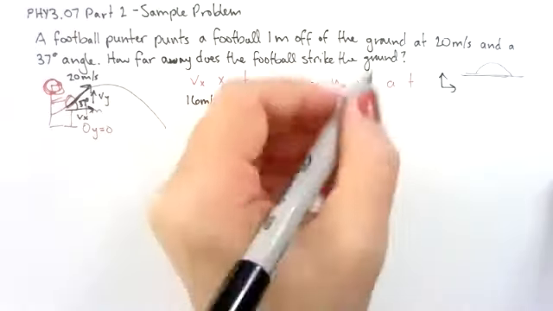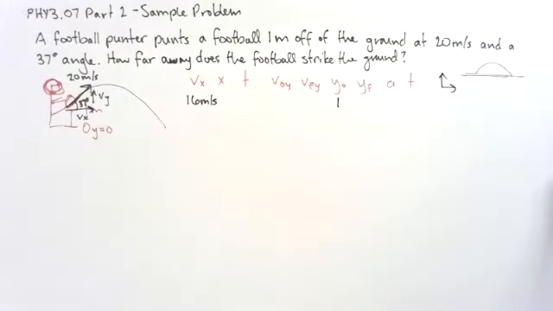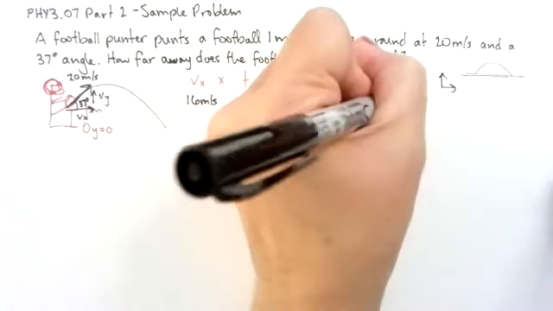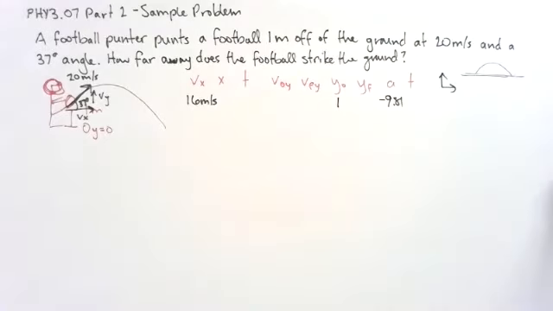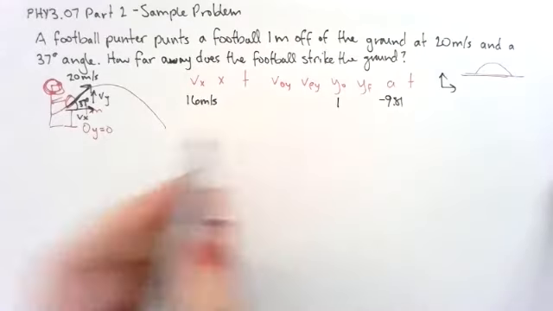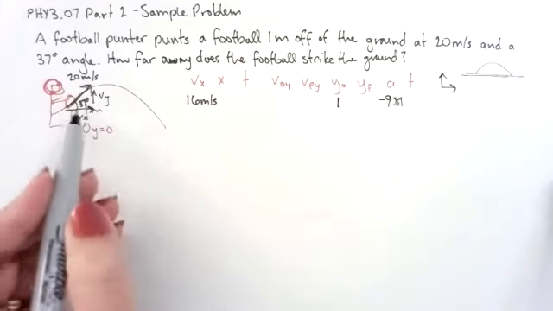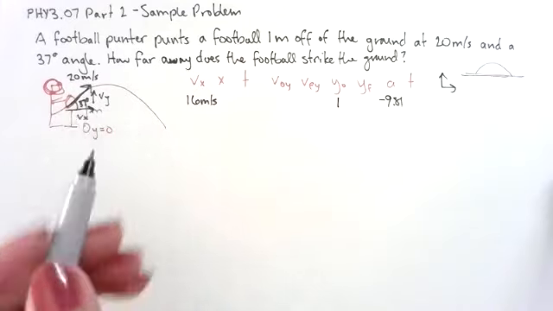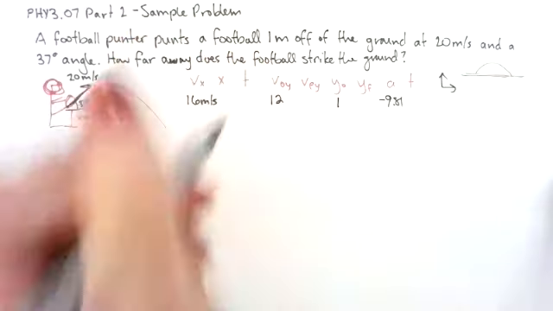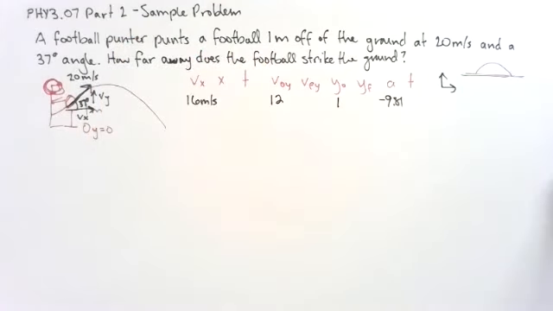Well, I'm starting at 1. My acceleration is going to be negative 9.81 in the vertical. And when I resolve this vector, I'm going to do 20 meters per second times sine 37. This is going to be 12 meters per second.